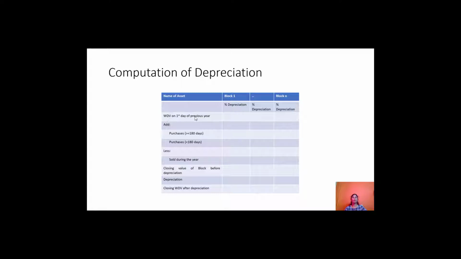So first we consider the written down value of the asset on the first day of the previous year, add purchases during the year, purchases of the asset which are used for more than 180 days and less than 180 days, then deduct the assets that are sold during the year, and on the closing value of the block of asset, let us charge the depreciation on the percentage given. So we get the written down value of the asset.